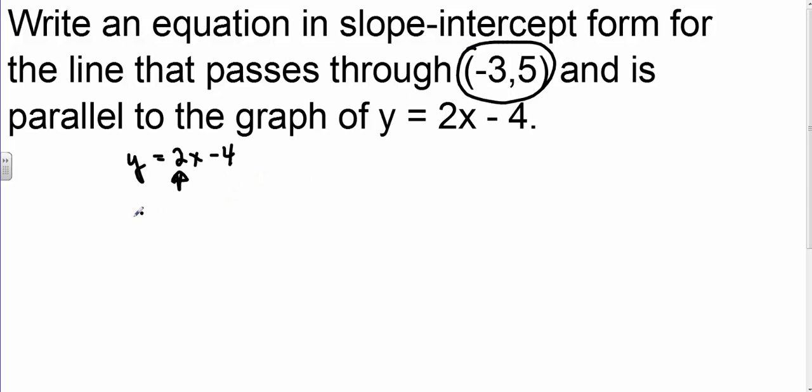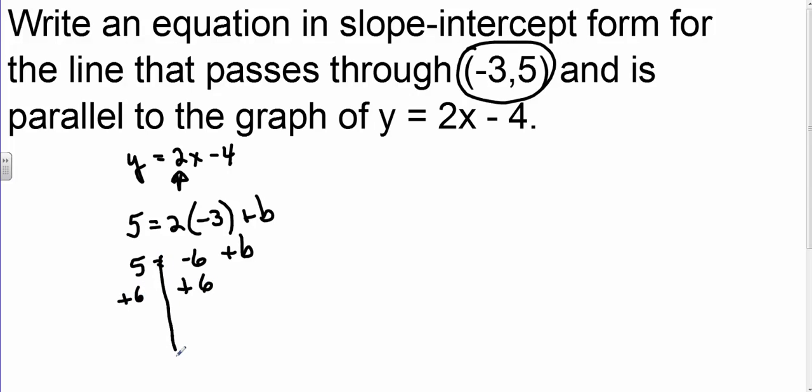The y-coordinate is 5. The slope is 2. The x-coordinate is -3. And we're going to find the y-intercept. So we get 5 equals -6 plus b. Adding 6 on both sides of the equal sign gives us 11 equals b. So now we come back up here and we go y equals, the slope is 2 and the y-intercept is 11, and we've written the equation of our parallel line.